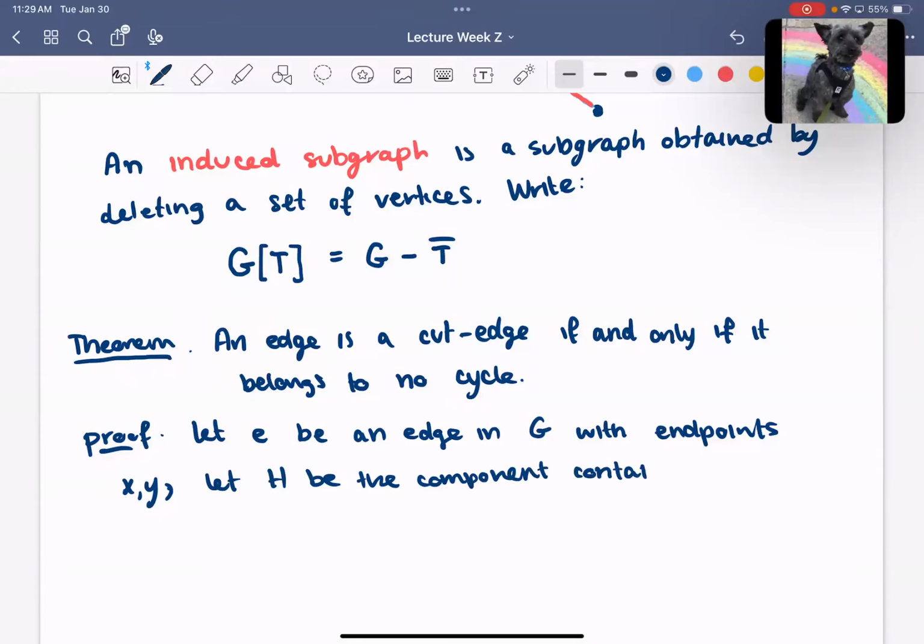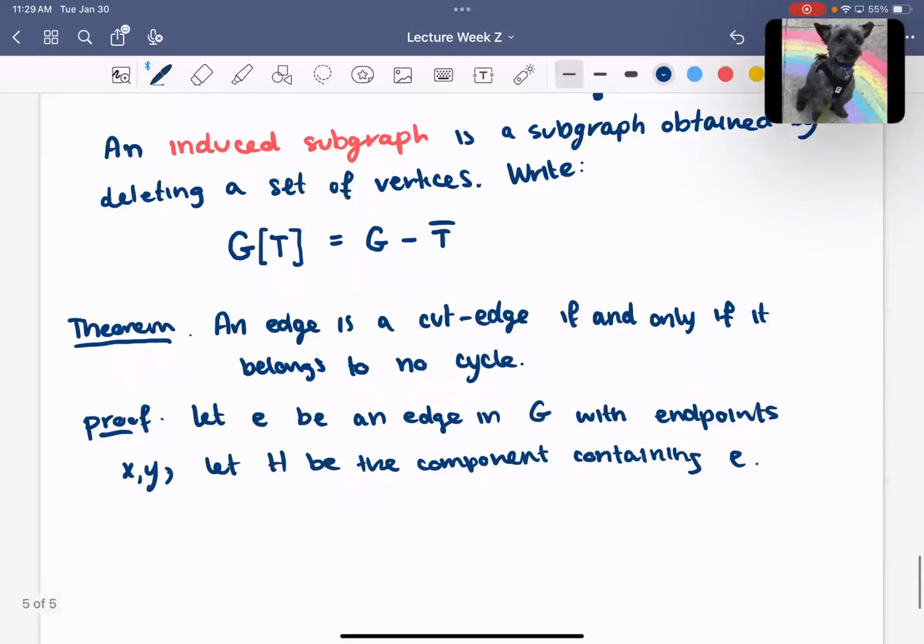Since the deletion of E doesn't affect any other component, it suffices to show that H minus E is connected if and only if E belongs to a cycle in H. So this entire argument we're just going to look at inside of the graph H.